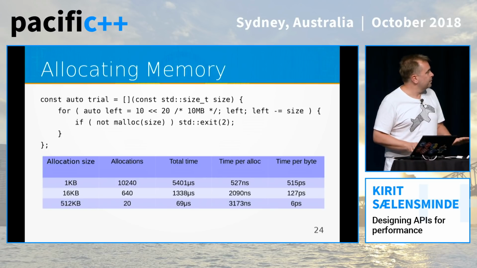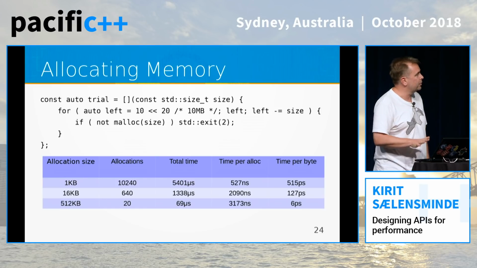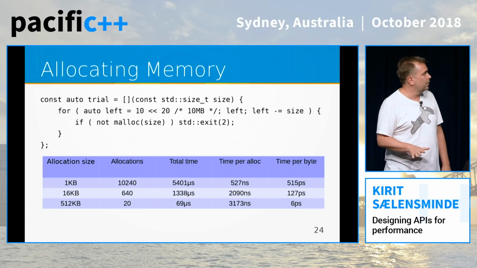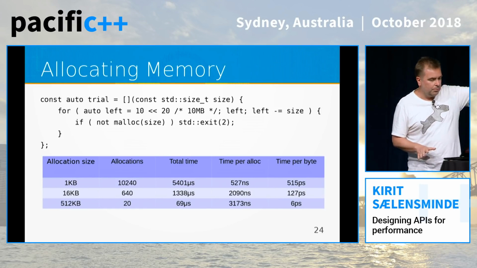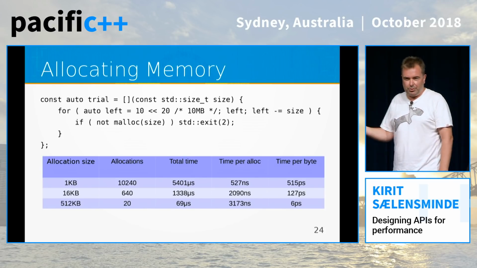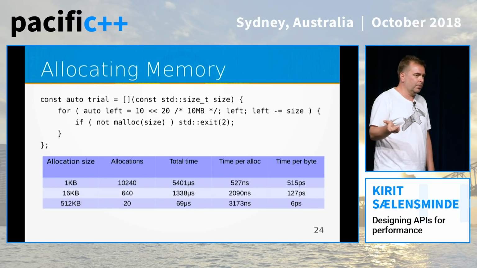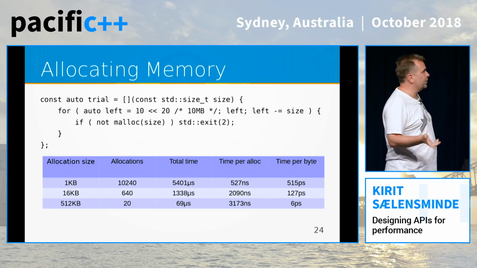And what you see is that as the size of the allocation increases, the total time drops down. Now you can see here in the column time per alloc that allocating more memory costs more time, but it's not a linear relationship. It's very strongly sublinear.